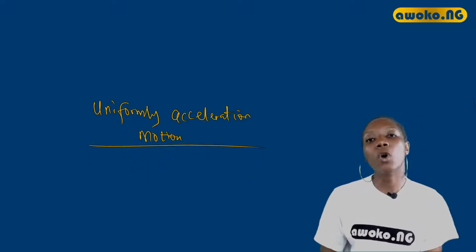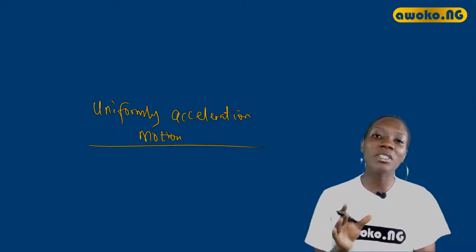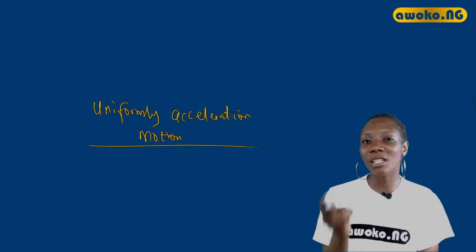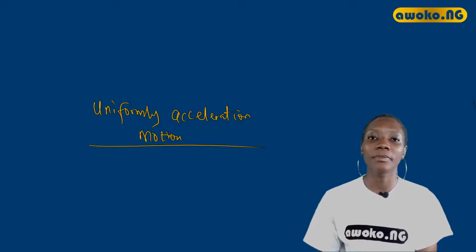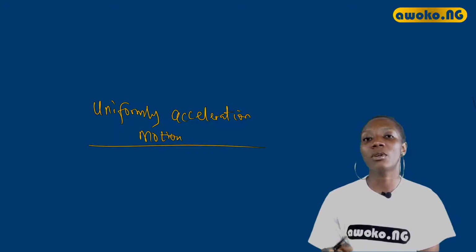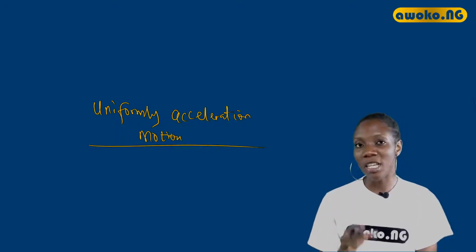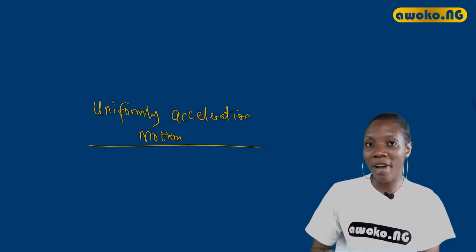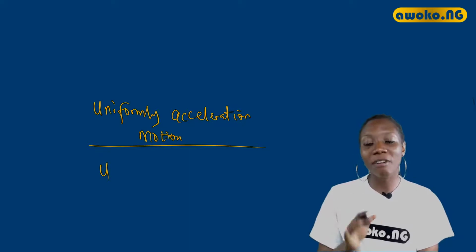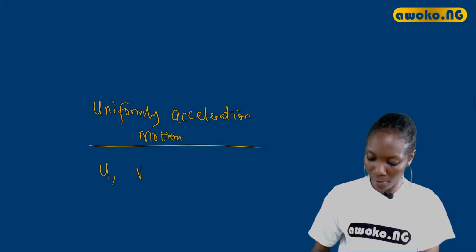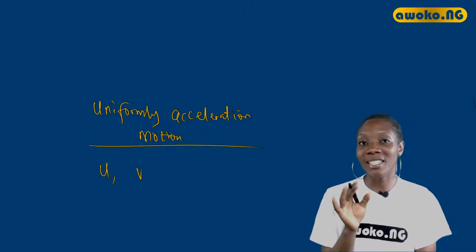So based on constant acceleration of a body, there exists some simple relation between acceleration, velocity, distance, and time. Now suppose an object undergoes a uniform acceleration and its velocity increases from an initial value, say u, to a final value, say v, within a time t covering a distance s.